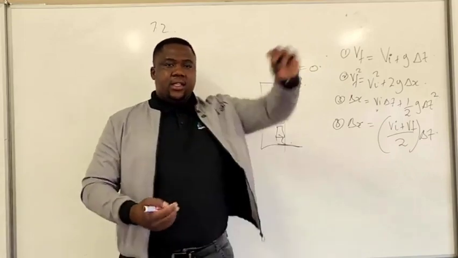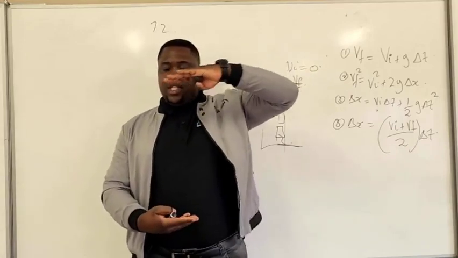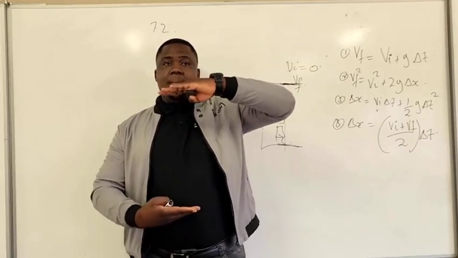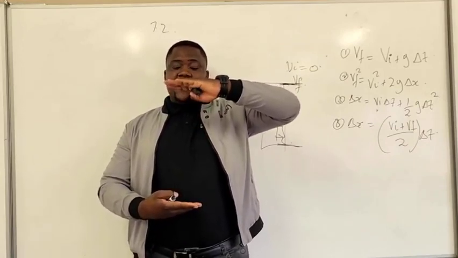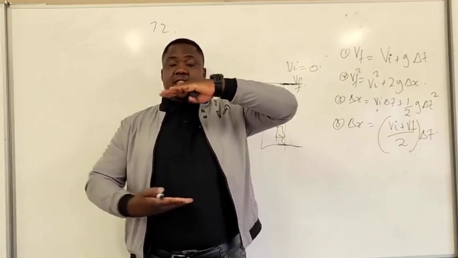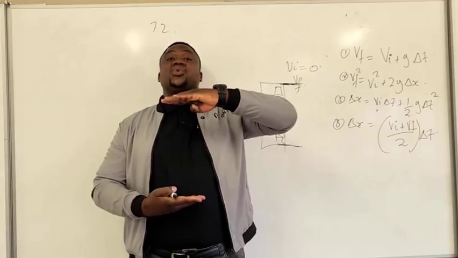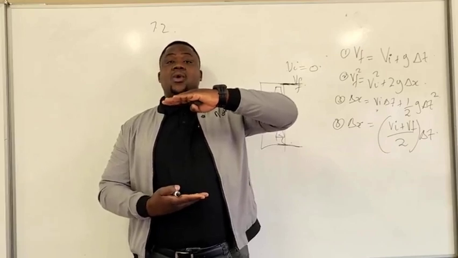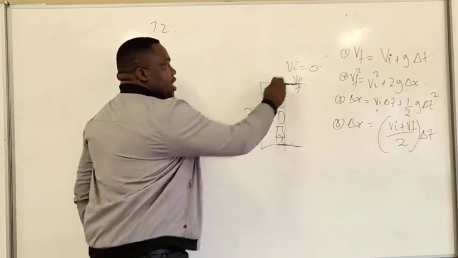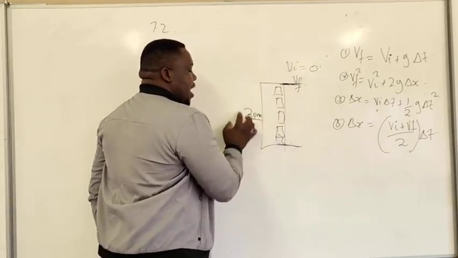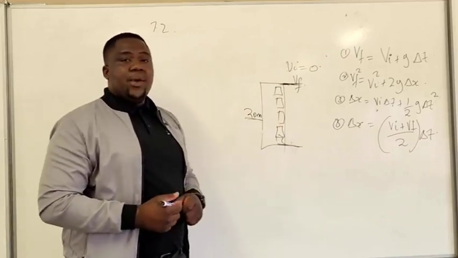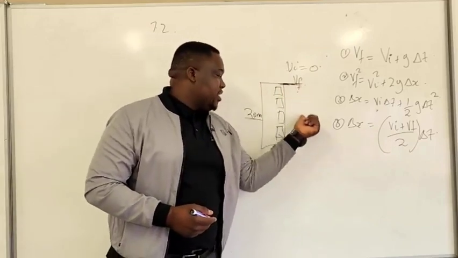Meaning that the ball is going to move from this position and end at this position. Any information that starts from this position and ends at this position, we will need to use. We cannot use information of the ball that is above this height. You understand? So we are using this height because the ball traveled this height.